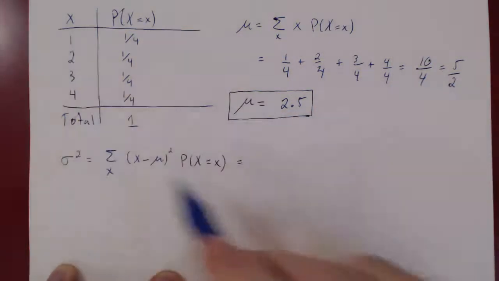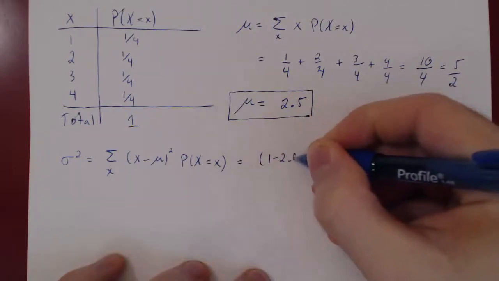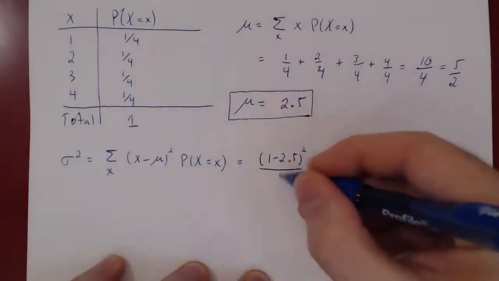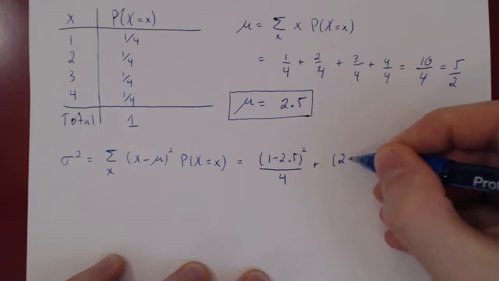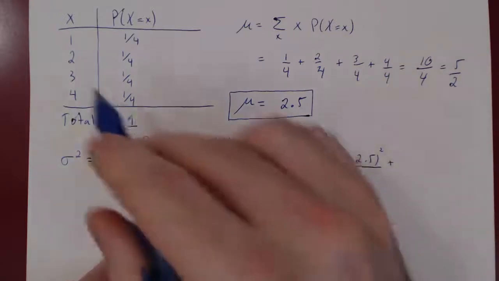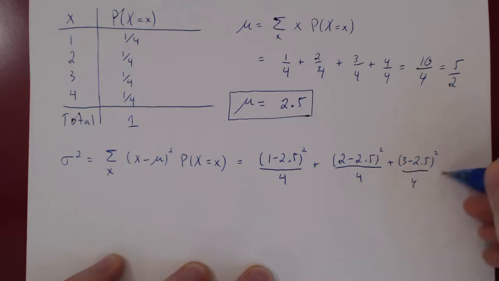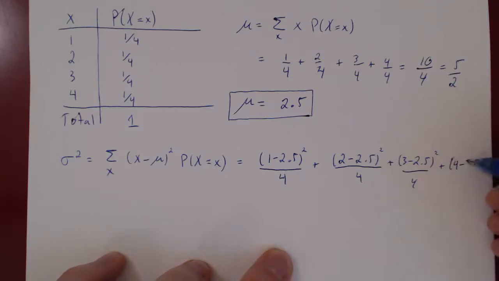So the first value is 1, so we have 1 minus 2.5 times the probability of observing 1, which is a quarter, so divide by 4, plus the next value of x is 2, so 2 minus the mean, 2.5, squared times a quarter, divide by 4, plus the third value 3 minus the mean 2.5, squared over 4, plus the fourth and final value 4 minus the mean, which is 3.5 squared, times its probability, divided by 4.